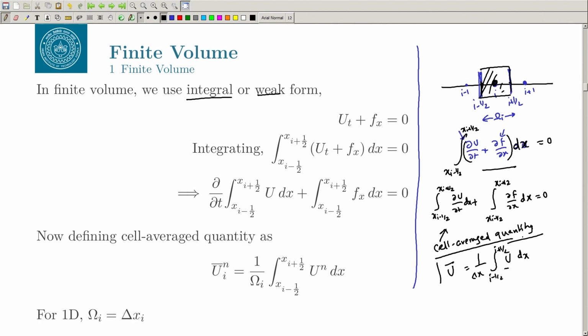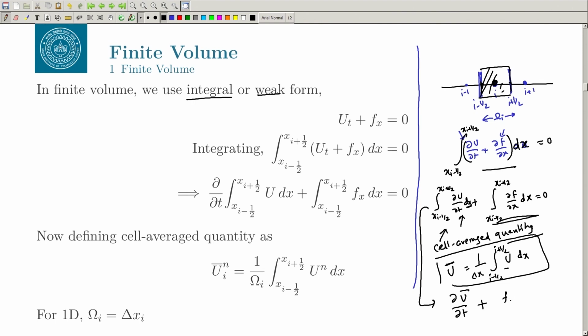So, if you replace this in the first term of this equation, you will see that your dependency on x goes away, because you are using a cell average quantity. Right now you have integration with respect to x, and then you have del U by del T. If you define a cell average quantity, you can write this equation as du bar by dt, and then you can see that this is dx and dx.